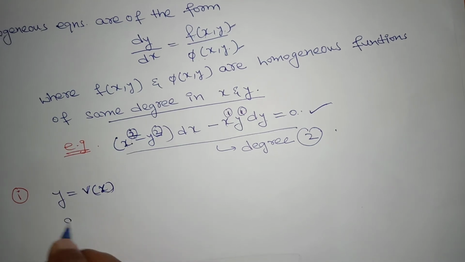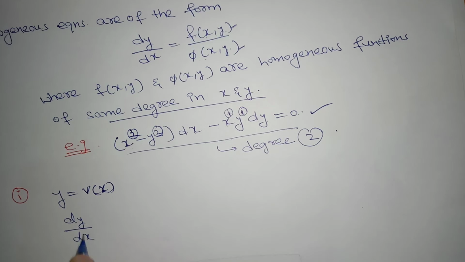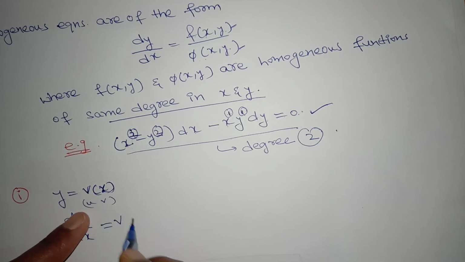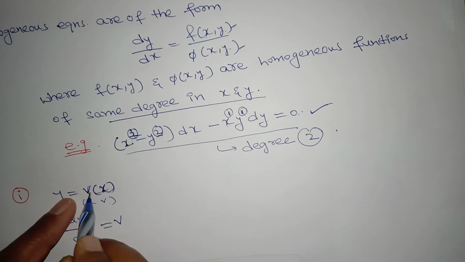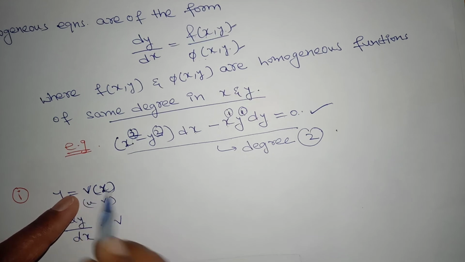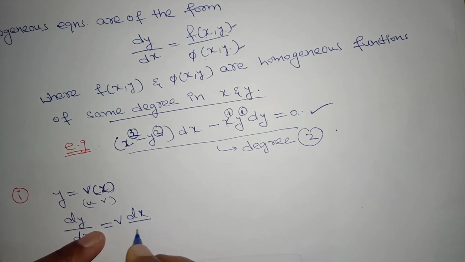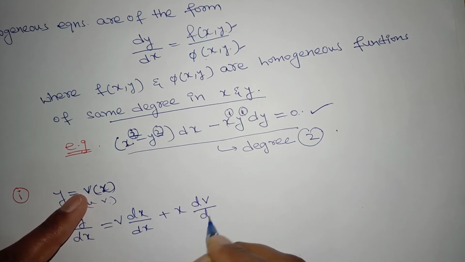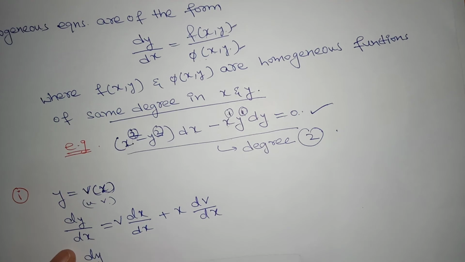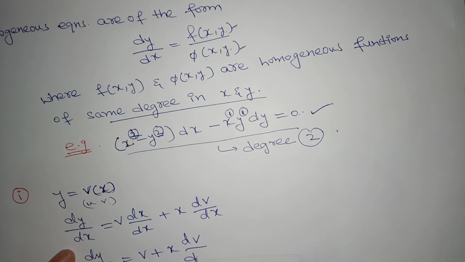Now differentiate this, dy by dx with respect to x. dy by dx equals, using the uv method, differentiation of uv is u into differentiation of v plus v into differentiation of u. So v into dx by dx plus x into dv by dx. This will be dy by dx equals v plus x into dv by dx.